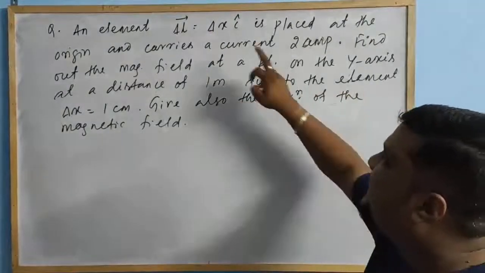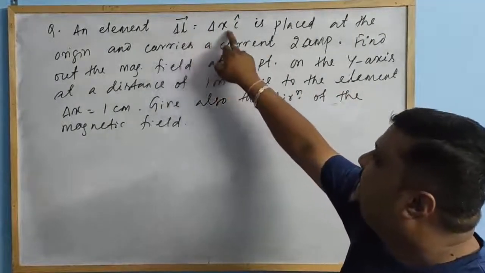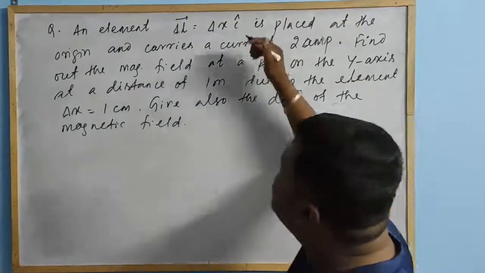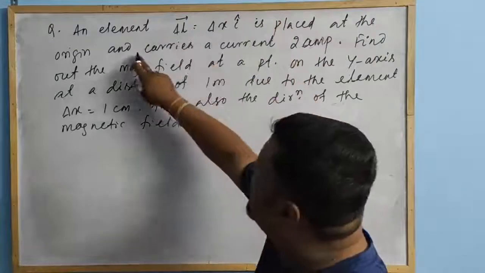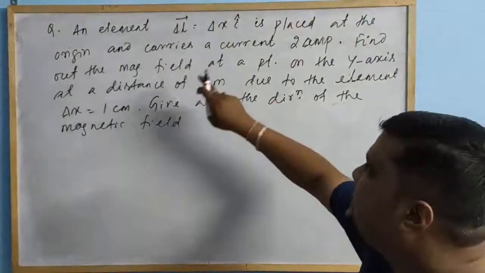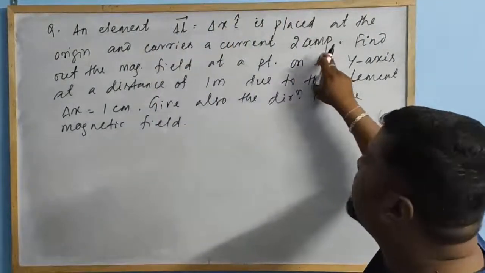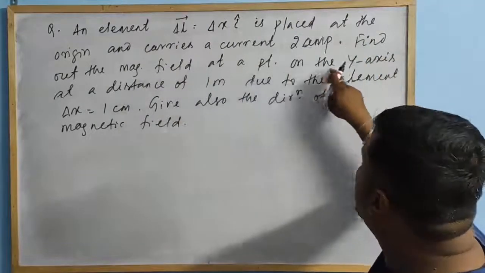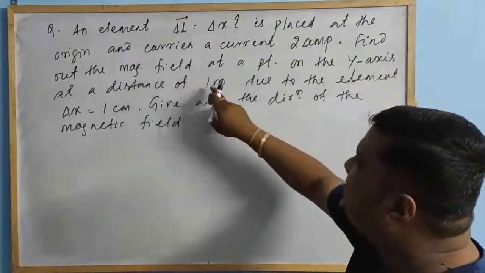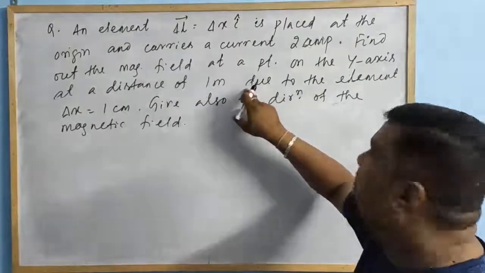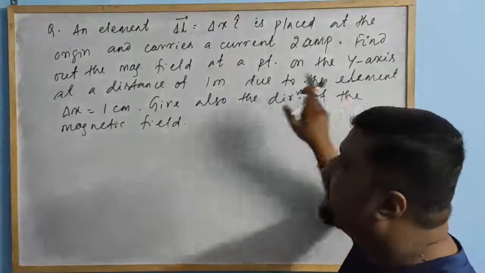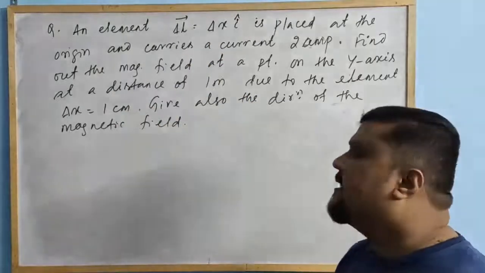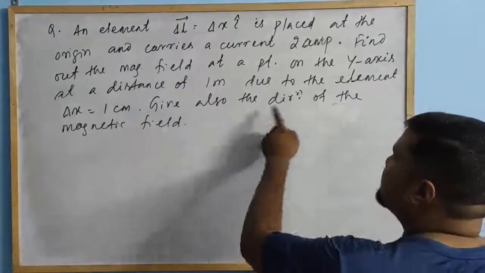An element delta L equal to delta x i cap is placed at the origin of a coordinate system and carries a current of 2 ampere. Find the magnetic field at a point on the y-axis at a distance of 1 meter due to the element. Delta x is equal to 1 cm, a very small element.